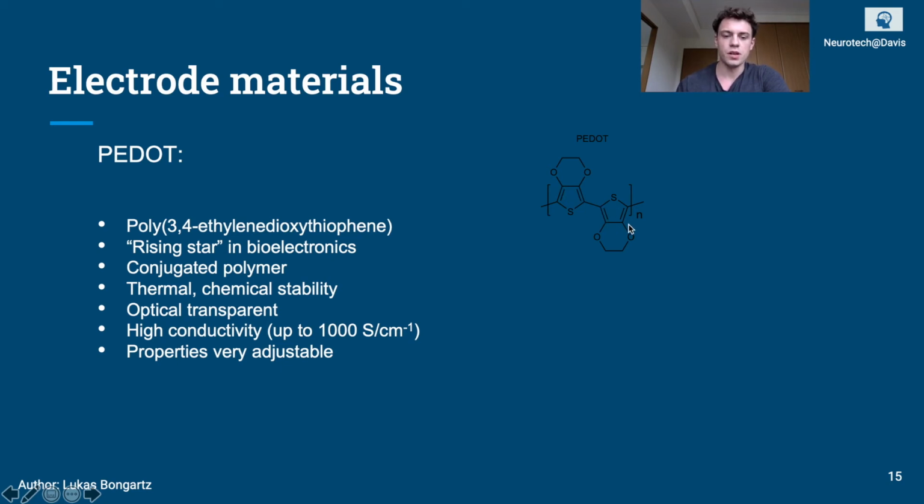For those of you who are not familiar with this kind of notation, the part within the brackets is the single repeating unit, and you can imagine it to be placed to the left and to the right like a few dozen times. I think in PEDOT, those chains consist of maybe on average 15 to 20 units, but it's different for any polymer. And the single repeating unit is just the important part.